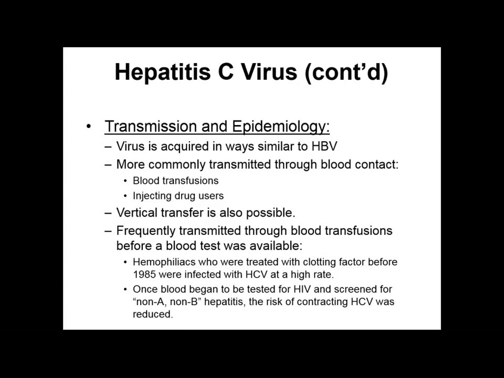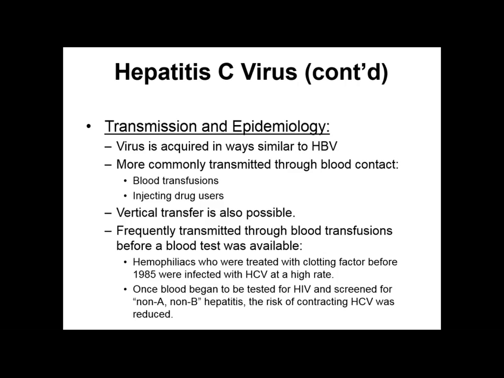This virus can be acquired in a variety of ways that are similar to the hepatitis B virus being transmitted. So we can have blood contact. This can be either through blood transfusions or through IV drug use. We can also have some vertical transfer from parent to child as well. Frequently blood transfusions were the primary cause of transfer before we had the blood test widely available.